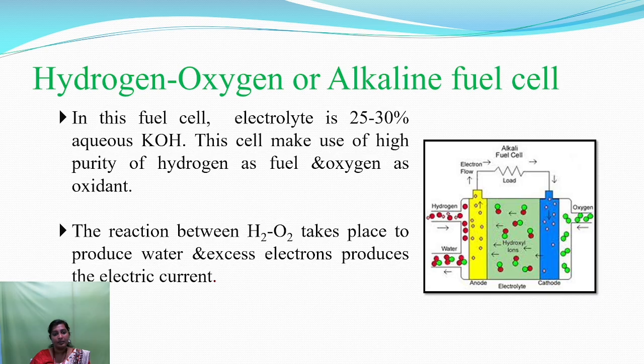The reaction between hydrogen and oxygen takes place to produce water, and the excess electrons produce the electric current. At the anode hydrogen is passed, at the cathode oxygen is passed. Here the electrolyte is KOH.